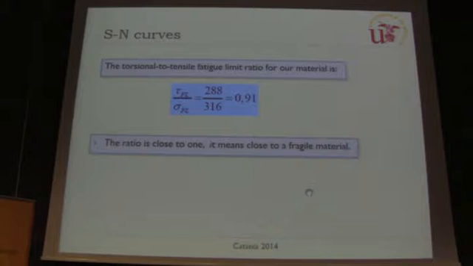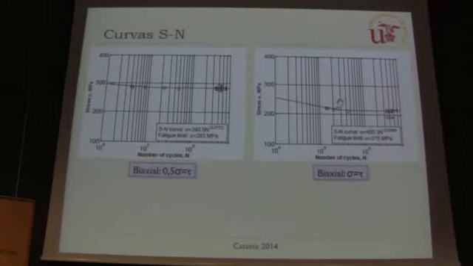So we got these two fatigue limits in tension and torsion. We made the ratio, and it's 0.91, which is close to 1 and which is close to a fragile material. Just to remind that, however, the monotonic behavior was very ductile.